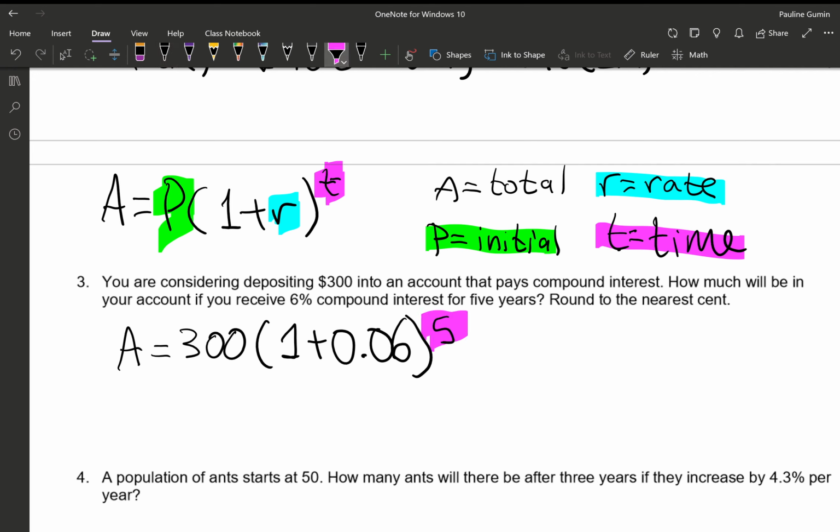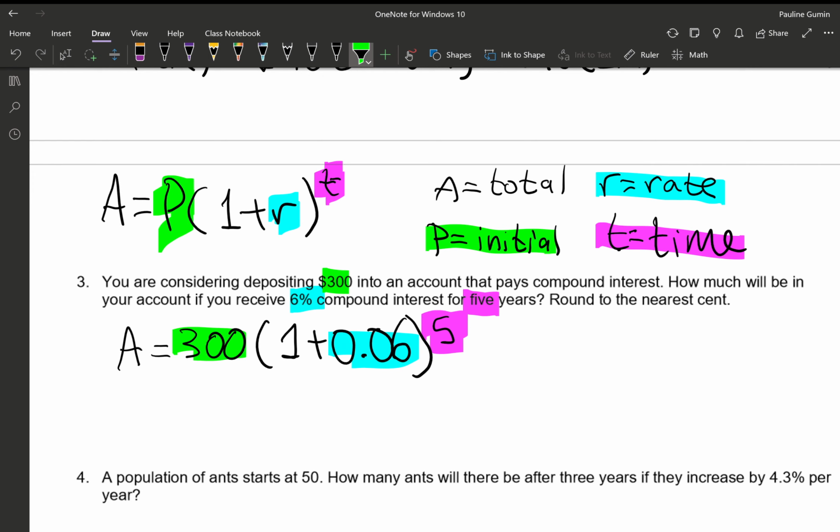All right. And color coding, because I love it. All right, so here's our, whoops. I think I deleted my highlighter by accident. I got so excited. All right, there we go. Blue. Rate is 6%, and our initial value is 300.